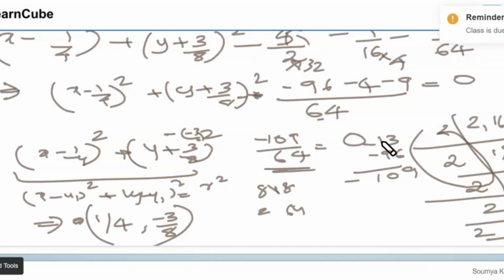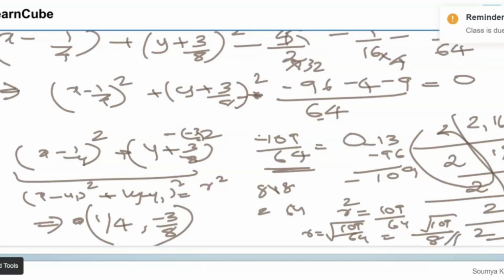And radius will be this square root. Okay, this is the whole square, so r square equal to 109 by 64. If it goes to the right hand side this will be positive, understood? And then r equal to square root of 109 by 64, that will again give you the answer as square root of 109 divided by 8.